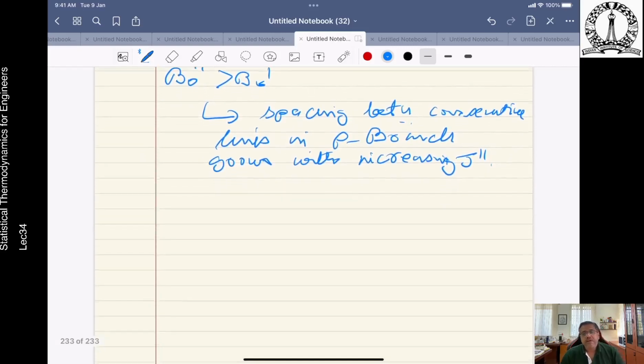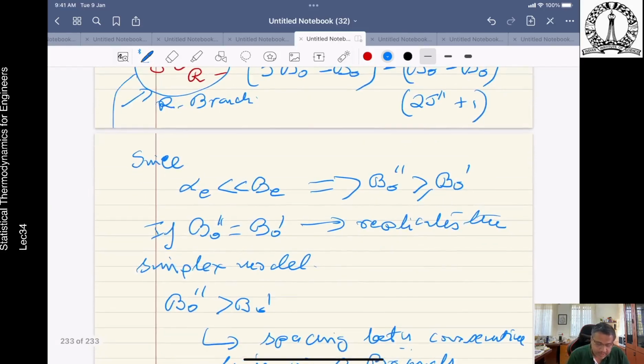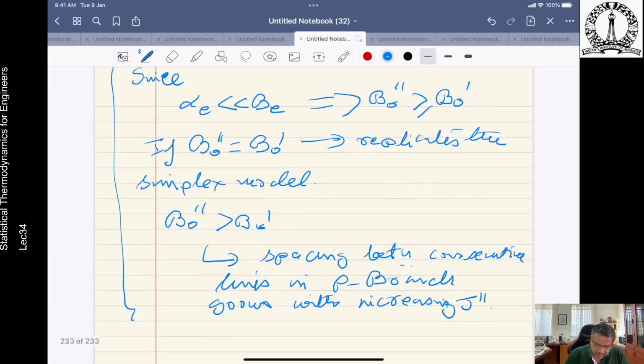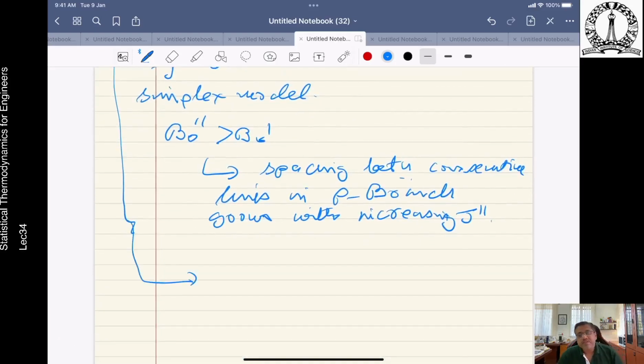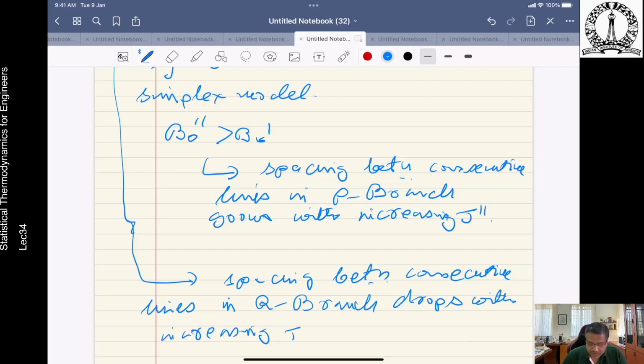Okay. Also, from the second expression, if you look at this now, this will imply that the spacing between consecutive lines in the R branch drops with increasing J double prime.